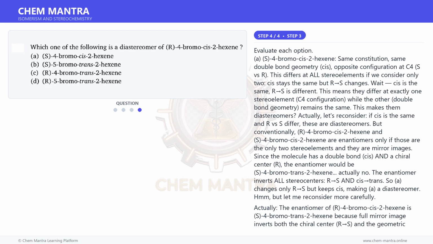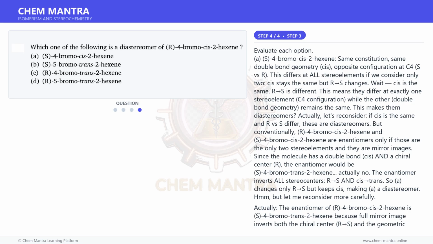But let me reconsider more carefully. Actually, the enantiomer of R-4-bromo-cis-2-hexene is S-4-bromo-trans-2-hexene because a full mirror image inverts both the chiral center, R/S, and the geometric isomerism, cis/trans, when the substituents on the double bond are not symmetric.